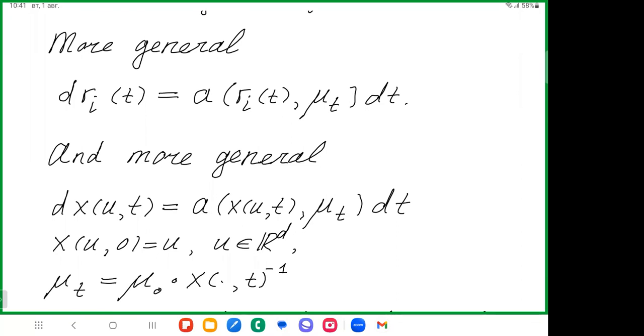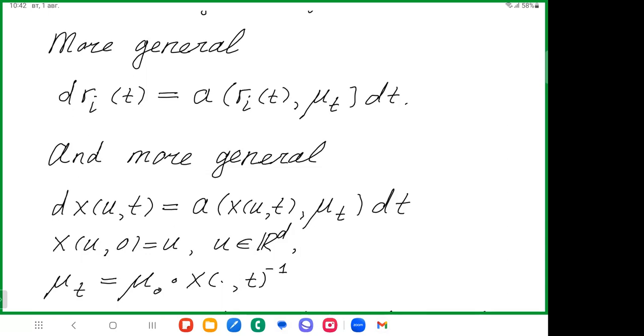For a continuous measure, we have such an interpretation that maybe we have to start from any point of the space, because if mu is a continuous measure, then any fixed point has zero mass.